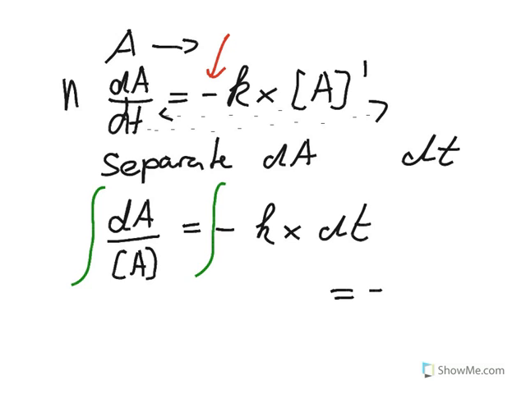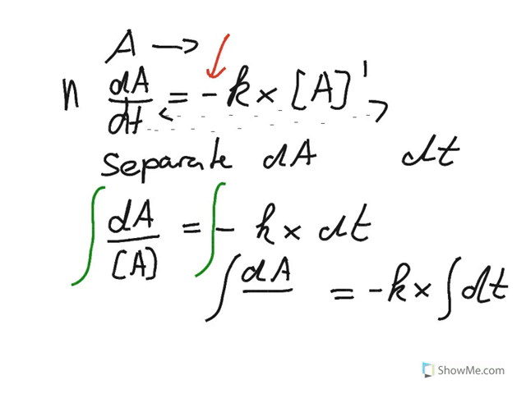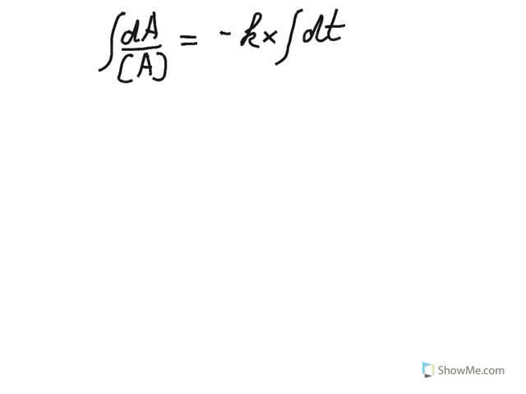We can write it as minus k times the integral of dt. The left-hand side of the equation we can't do a lot with, so it stands as the integral of dA over A. Now we can solve these two integrals.